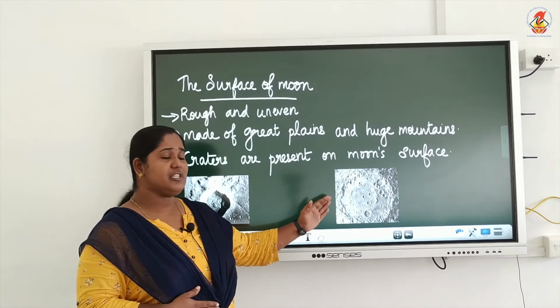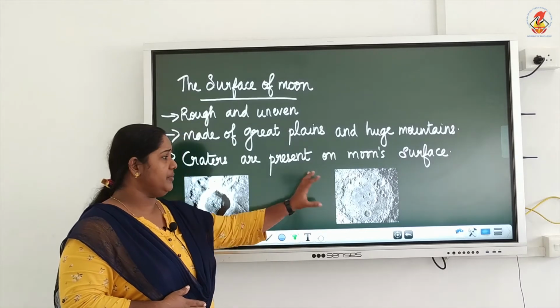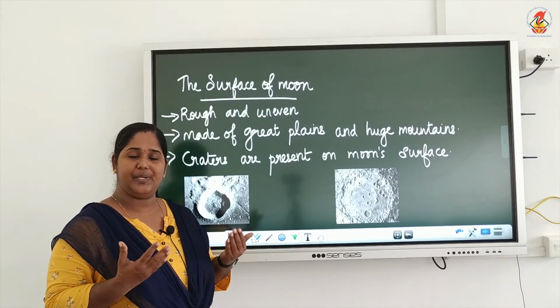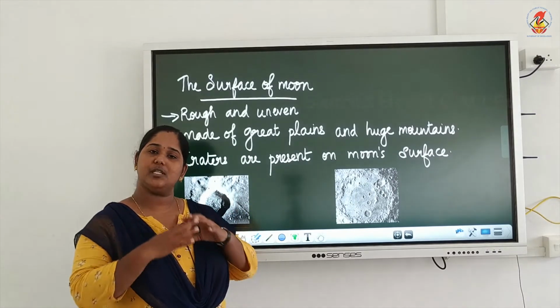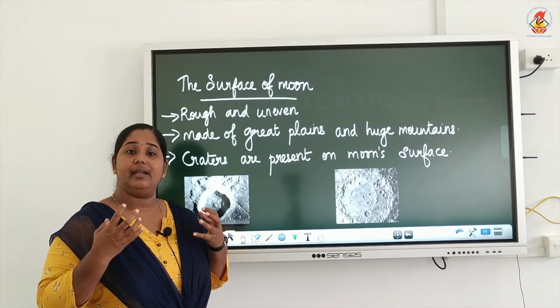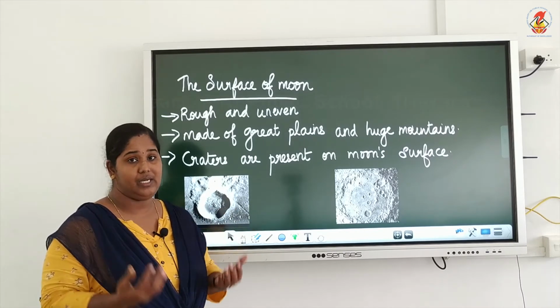The surface of Moon is scarred with millions of craters like this. From the small portion itself you can see too many craters, hollows, pit-like structures. That is present all over the Moon and it is a very uneven and rough surface. It is not a milky, smooth, white structure as we see from the Earth.